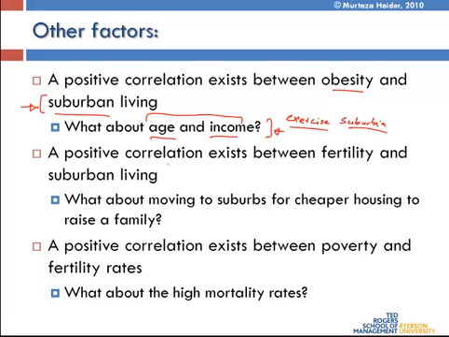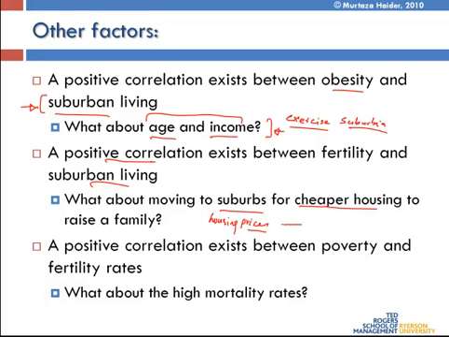As I mentioned earlier, a positive correlation exists between fertility and suburban living. But it is also true that when you move to suburbs, the housing prices are lower, and therefore young households who are about to start a family move to cheaper housing locations to raise a family. It's not the location of the suburbs that encourages higher fertility rates per se.